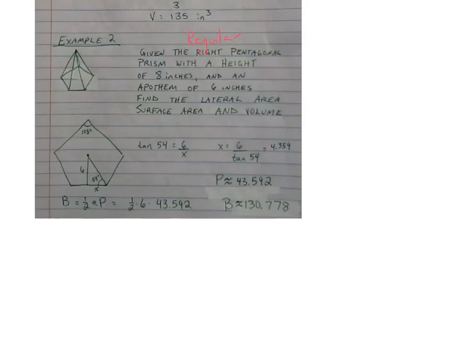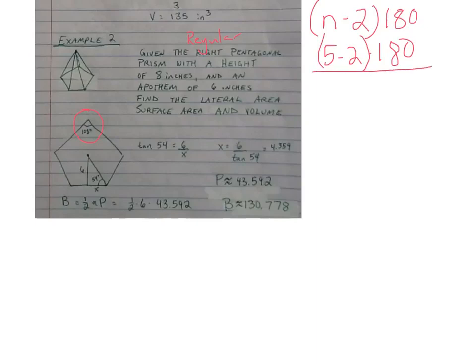The standard procedure that I've been teaching is first we find the measure of a single angle: n minus 2 times 180, and since this is 5-sided we have 5 minus 2 times 180, or 3 times 180, and then you take that value and divide it by 5, and that's how we got the 108. If we know that that angle is 108, then we can conclude that half of that angle is 54 degrees.